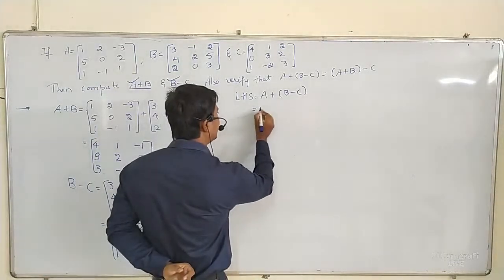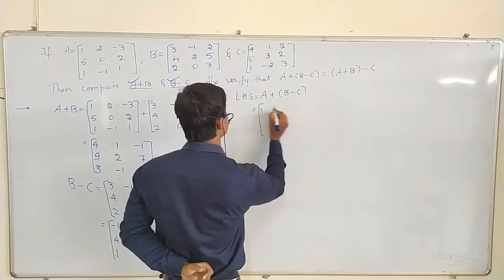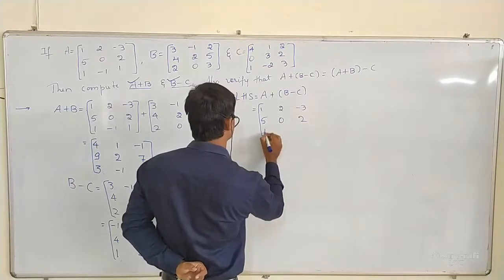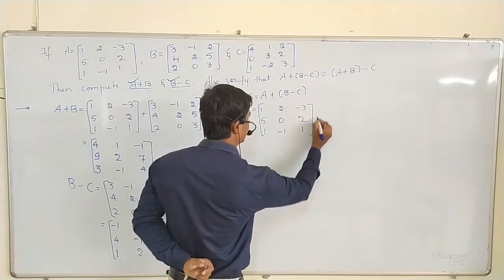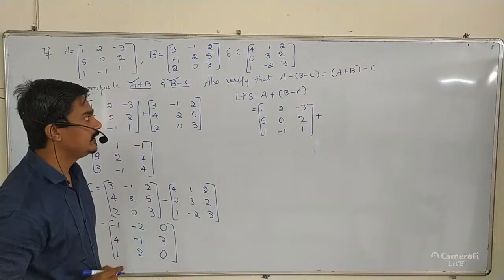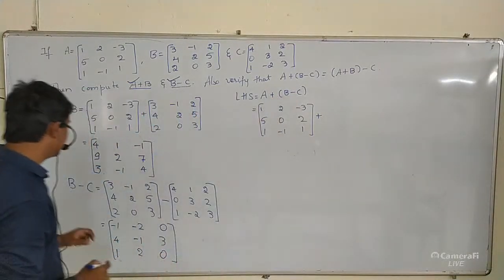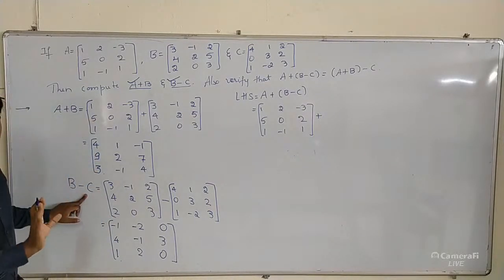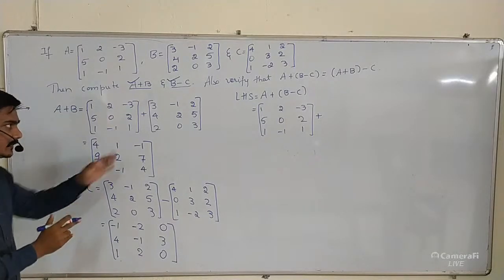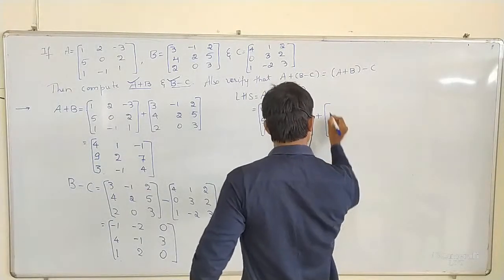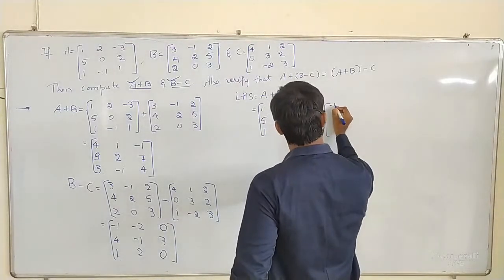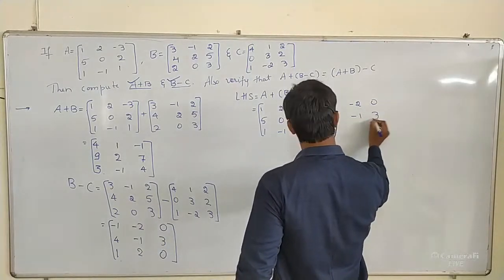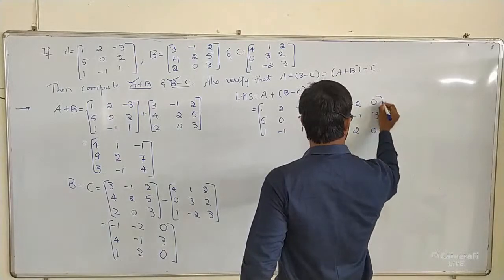In the place of A, write down the A matrix, plus in the place of B minus C, you use the matrix which you have already found out. You need not compute B minus C again. Use that result here. So minus 1, minus 2, 0, 4, minus 1, 3, 1, 2, 0.